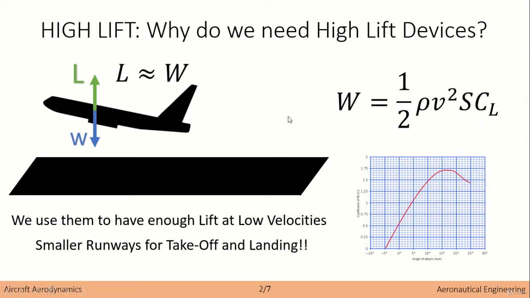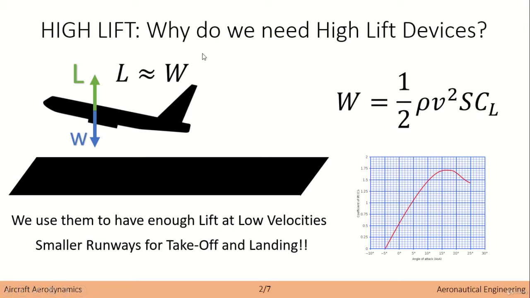Right, so imagine this. Imagine that we have our aircraft and we actually want to take off. So why would we need high lift devices? The idea is that at low velocities, which is the case at takeoff, we need relatively low velocities in order to take off, and it must mean the coefficient of lift is actually very high.